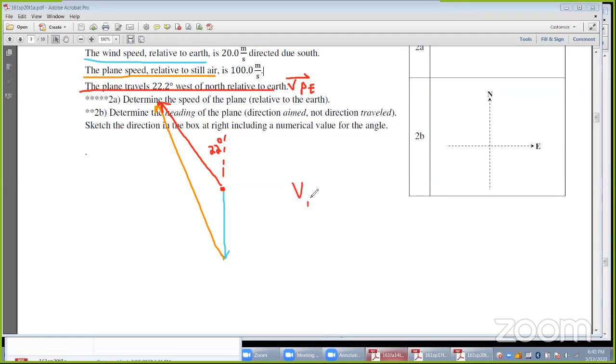It's all about using the vector addition to tell you which side of the triangle the different vectors are. I know that this is going to have to be, let's see, of the air relative to the Earth.